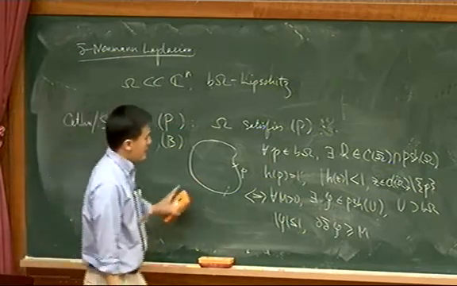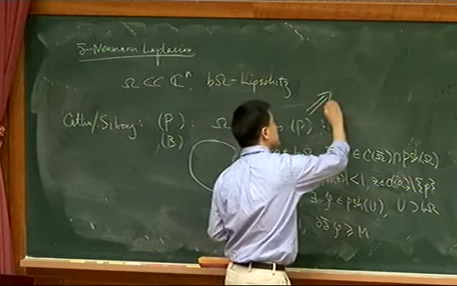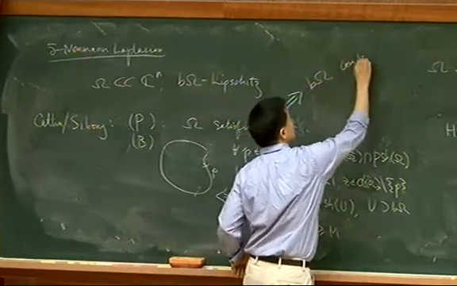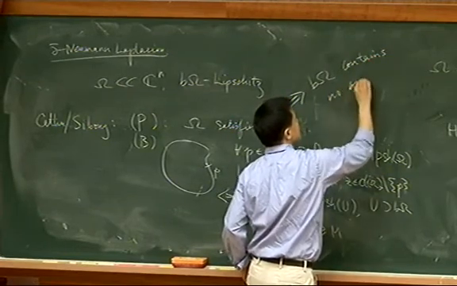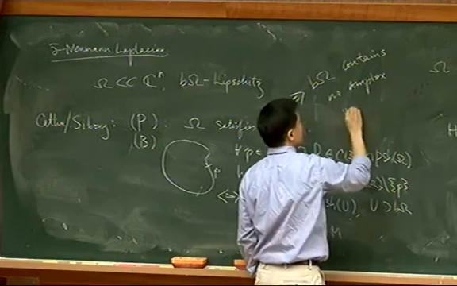Now, this condition, property P, implies that the boundary of the domain contains no complex analytic variety.